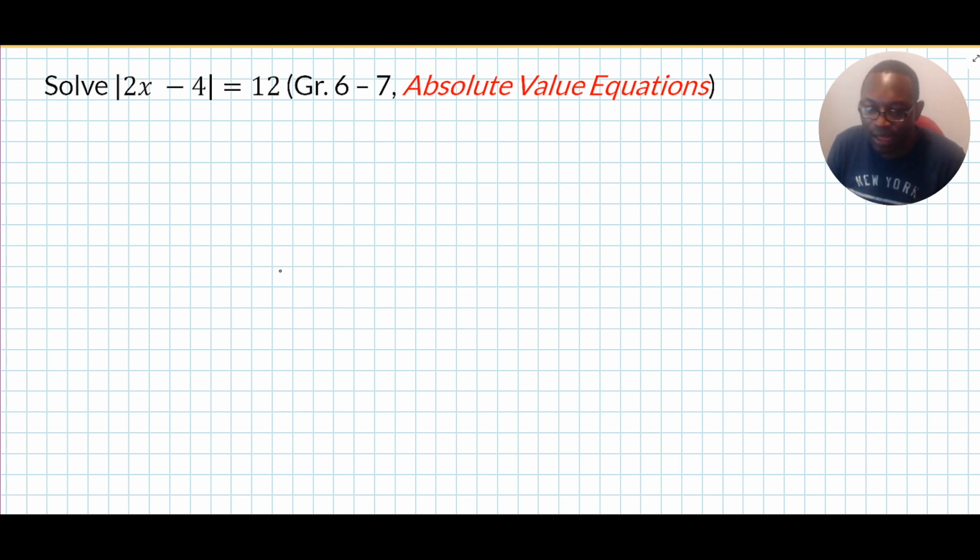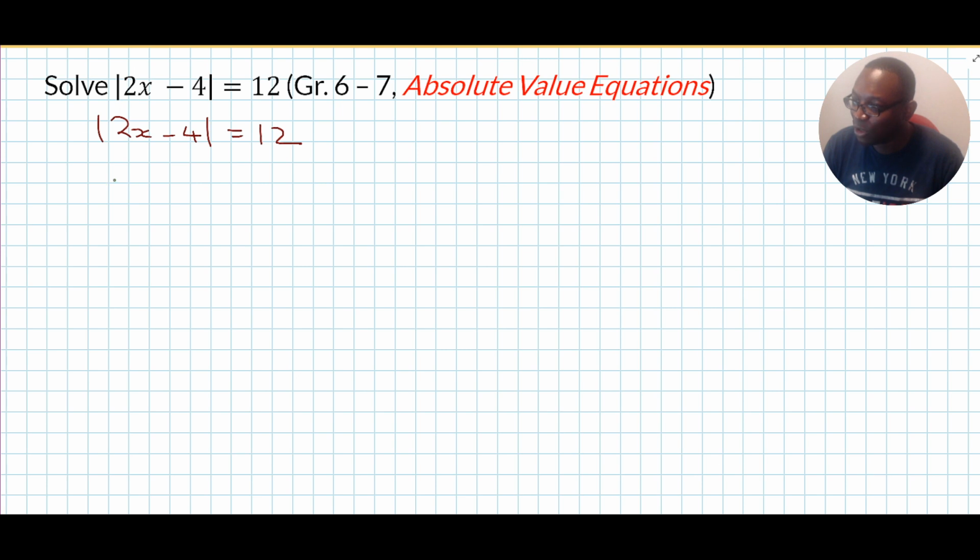Okay, let's go ahead and start with this one. So we have absolute value of 2x minus 4 equal to 12. Now, the way I like to approach this is to always remember that when you're dealing with absolute values, you can have either a positive value or a negative value between the absolute value signs.